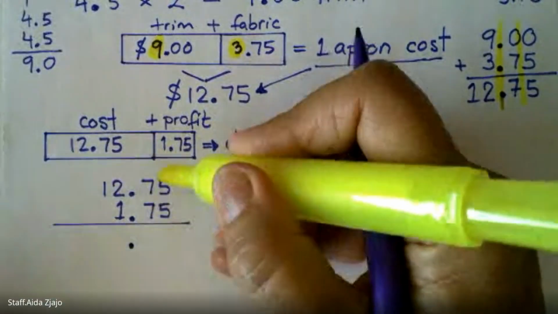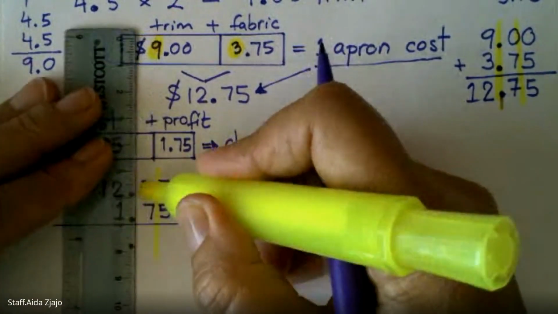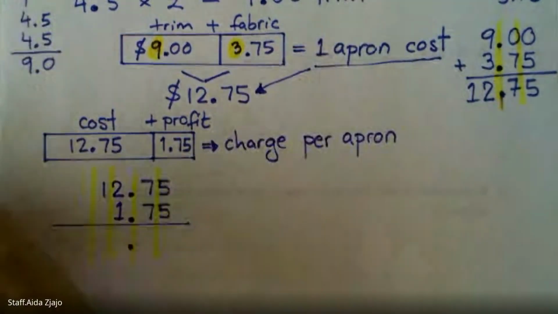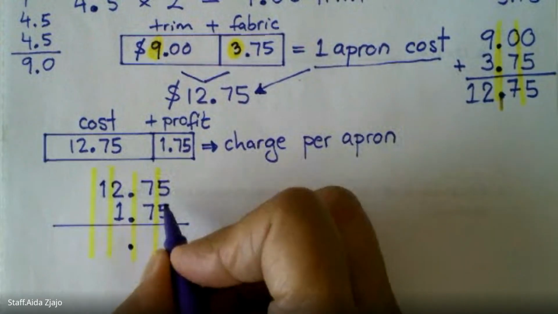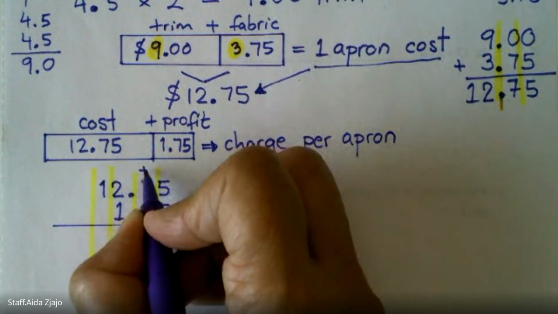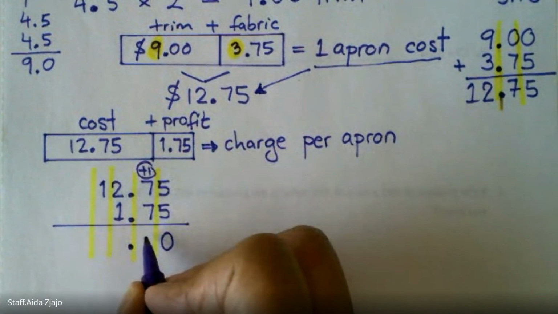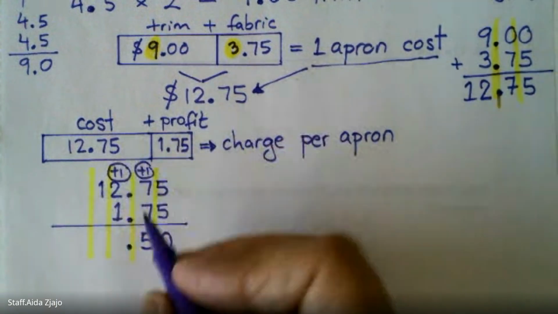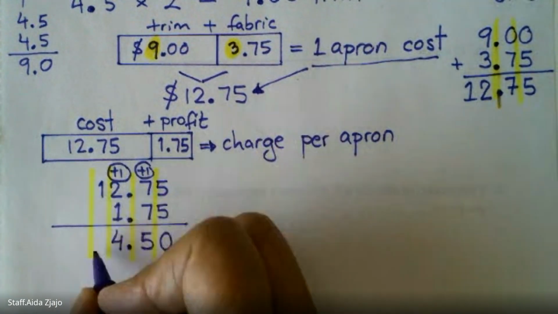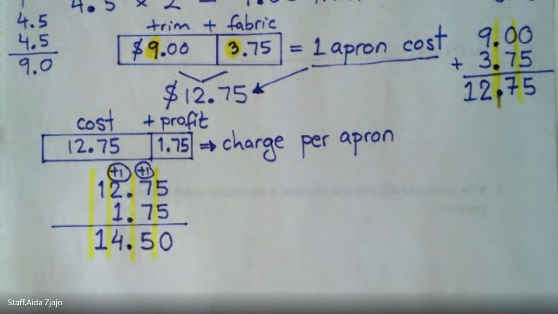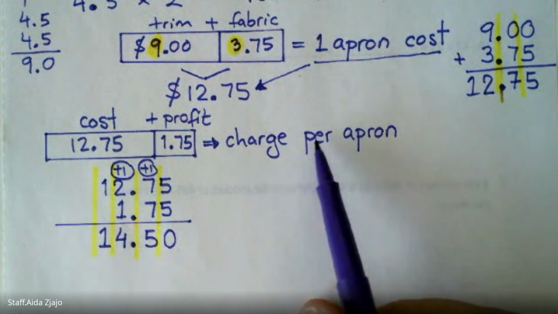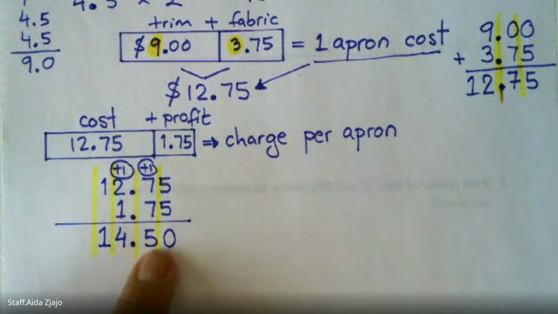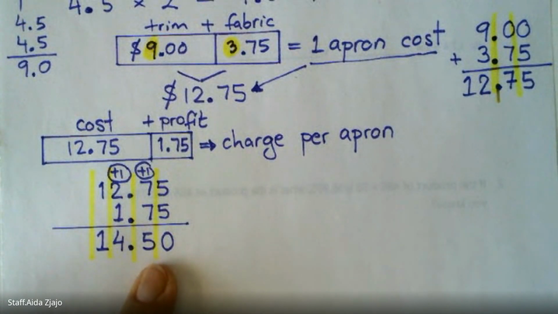So you add the hundredths, tenths and ones. Here you go. 5 plus 5 is 10. Regroup 1. 7 plus 7 is 14, plus 1 is 15. And then you made one whole dollar. So that will be $14 and 50 cents. So they should charge $14.50 for each apron to have a profit of $1.75.